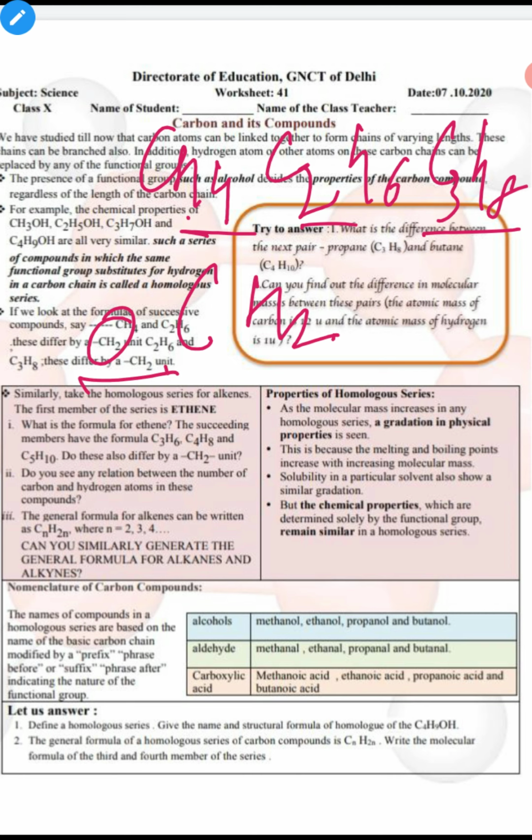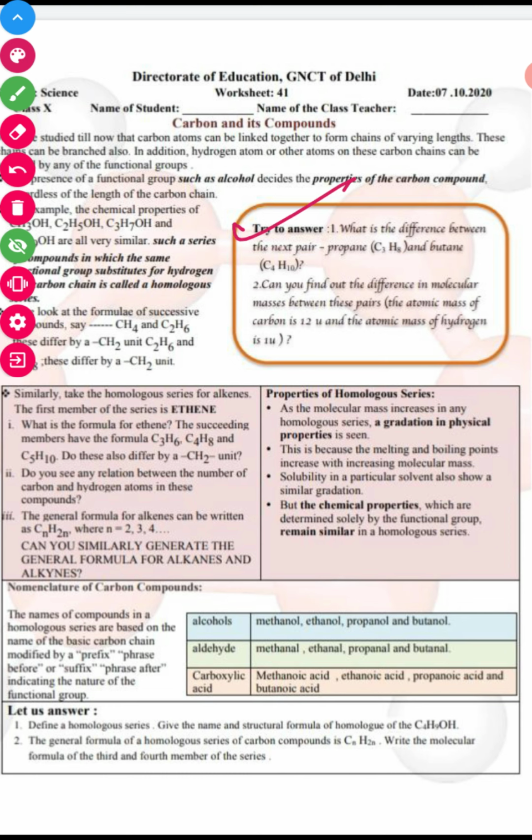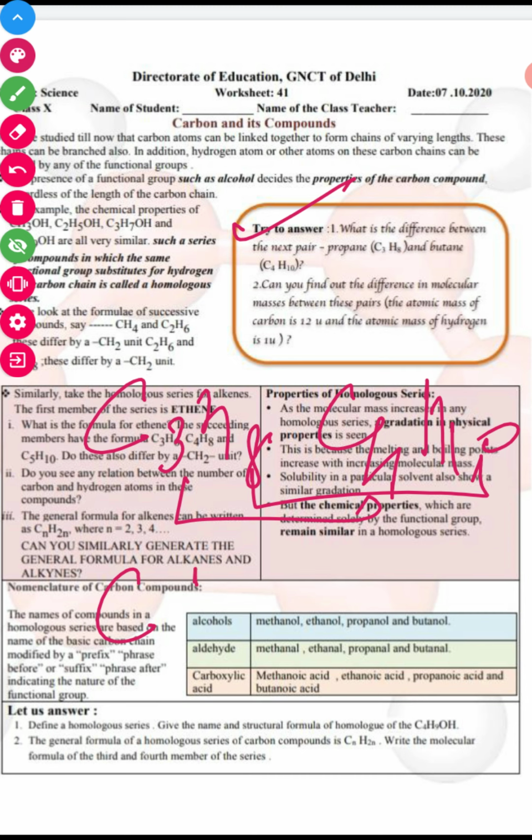Just see on the left side in the box, what is the difference between the next pair, propane and butane? Propane has the formula C3H8 and butane has C4H10. Again the difference is C1 and H2. This is the difference between these two, propane and butane.